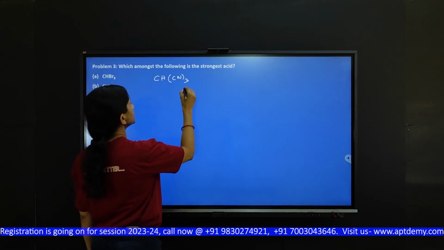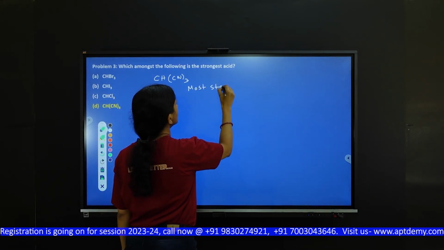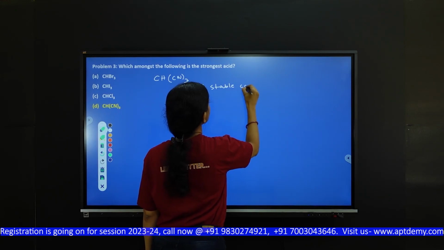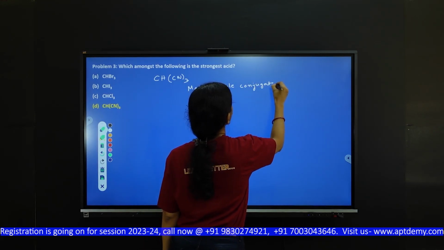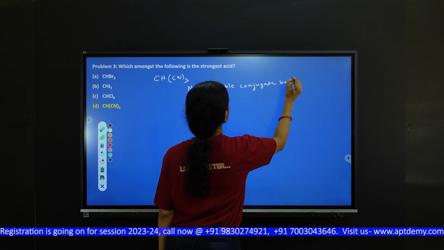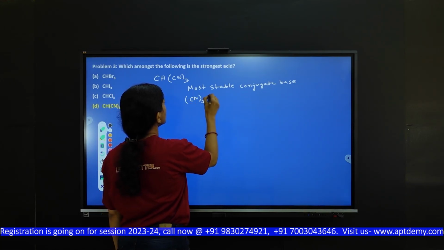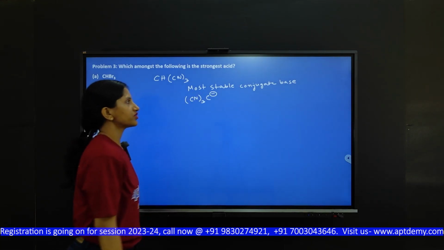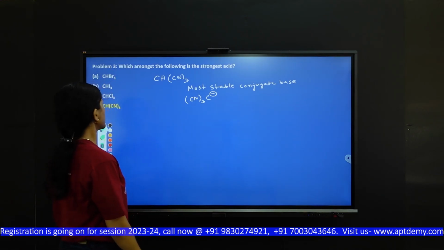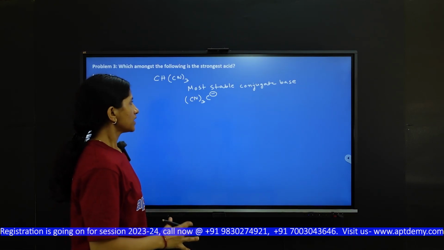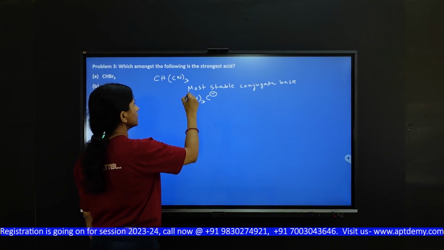So it will form the most stable conjugate base, which is C(CN)3 minus. This is the most stable conjugate base among the given compounds for CH(CN)3, right? Now, what will happen?